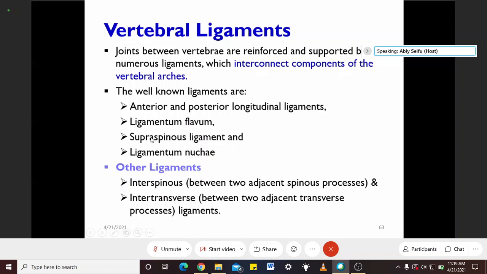Look, there is the supraspinous ligament, which passes over the tips of the spinous processes along the vertebral column, whereas the interspinous ligament traverses along the length of the spinous process itself and joins to the adjacent spinous process. The same is true for the intertransverse ligament.